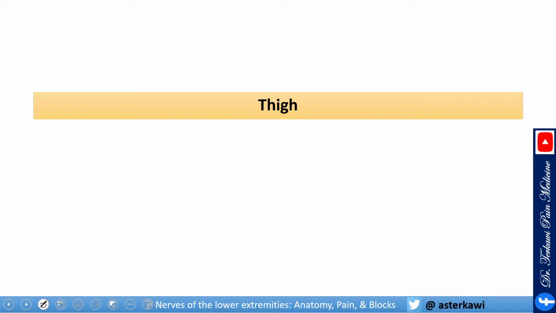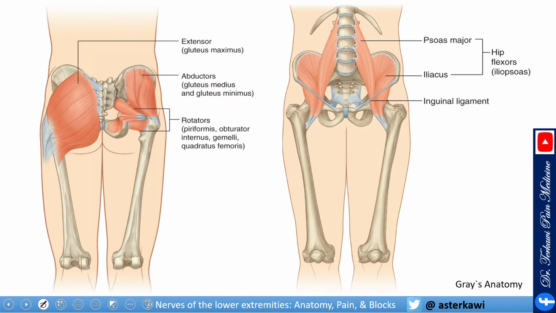Now let's go and look at the muscles of the thigh. And before we dive deep on the thigh, it's important to familiarize yourself with these important muscles. So here you have the psoas, major and minor, and iliacus, a very important muscle, as we have seen with the fascia iliaca, which we'll show you in a minute. Here, gluteus maximus.